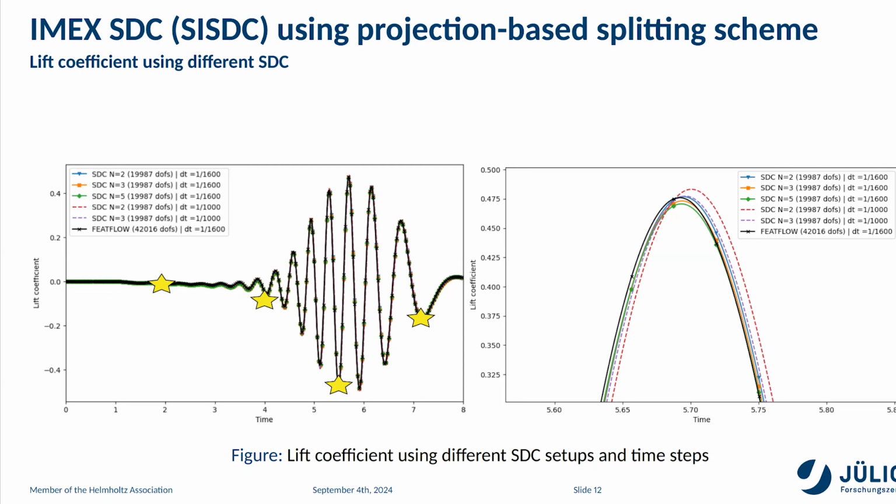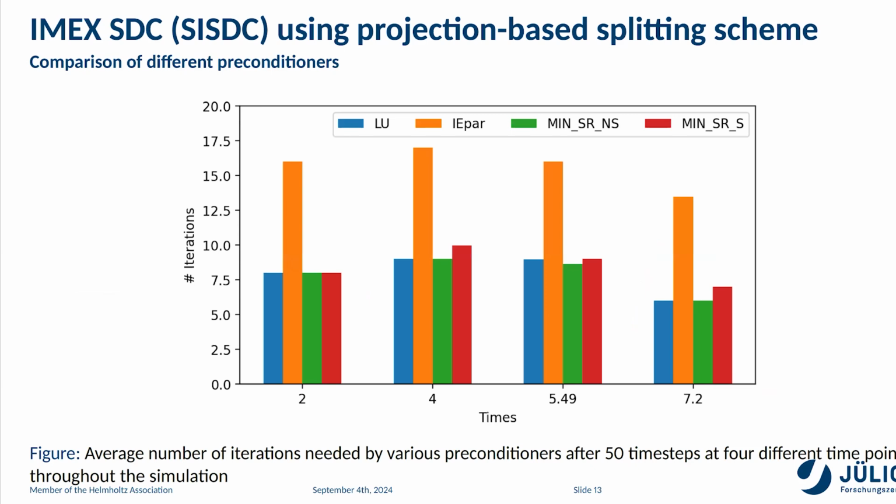And what we do is compute the average number of iterations at each point here. And we can see that we still have the LU, the implicit Euler, and the two preconditioners from minimization of the spectral radius.